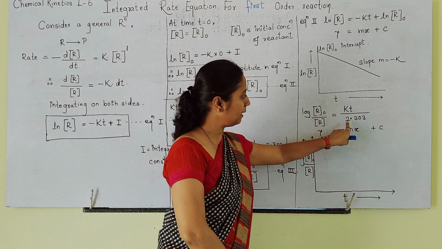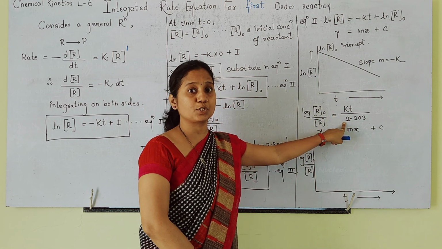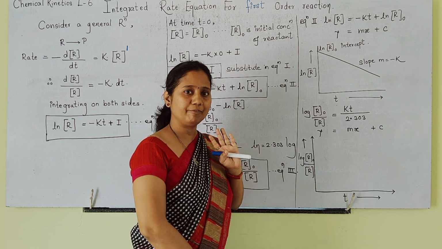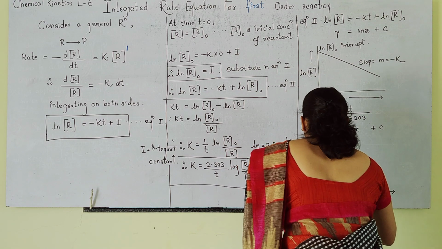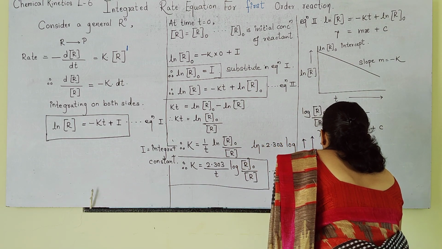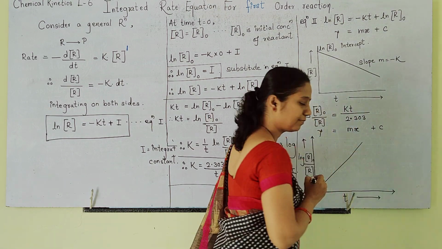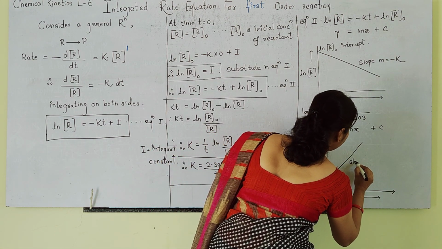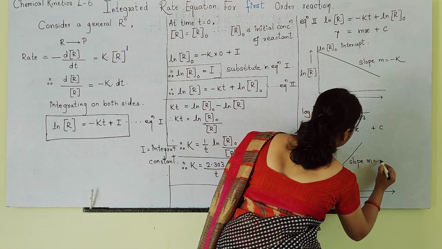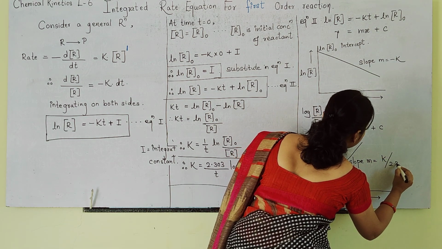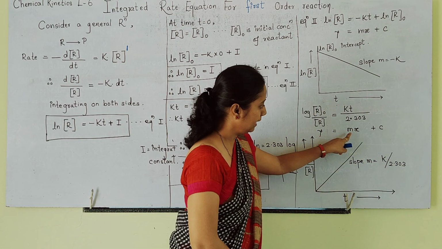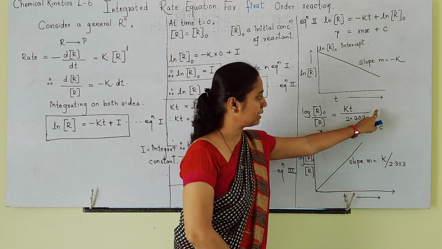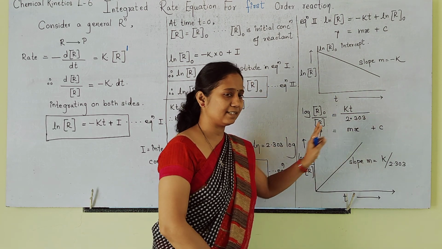Slope is k by 2.303. Positive slope is there, intercept is not there. Positive slope without intercept, the graph will go like this through the origin. So slope m is equal to k divided by 2.303. Intercept is not there, so no intercept.